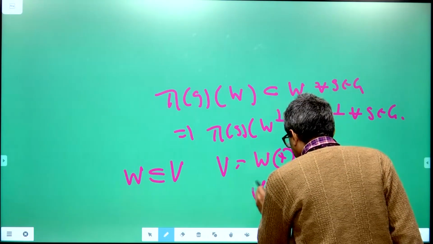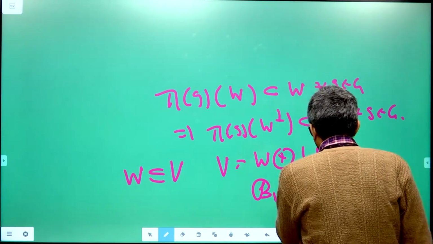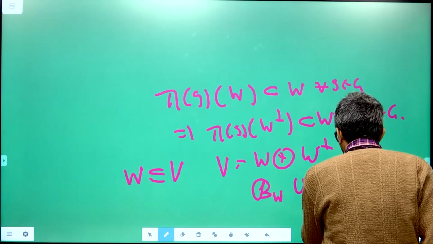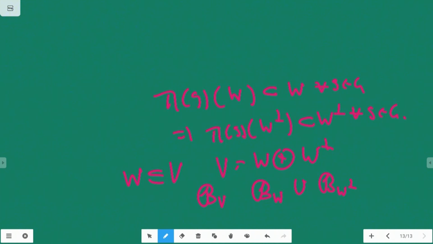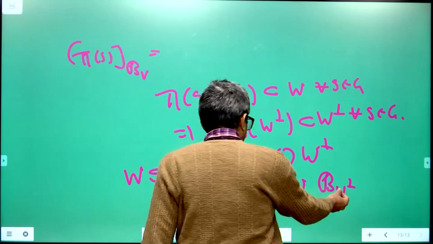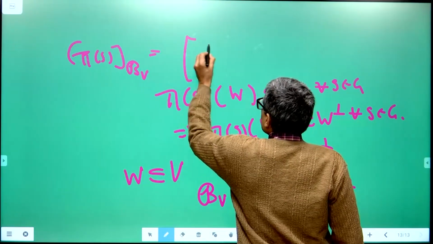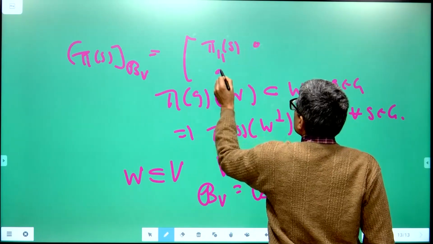And I choose an orthonormal basis BW for W, and an orthonormal basis BW perpendicular for W perpendicular. Then this will be an orthonormal basis for V, and relative to this basis, pi g will have the following form. Since W perpendicular is also invariant and W is of course invariant, it will be of the form pi 1 g 0 0 pi 2 g.